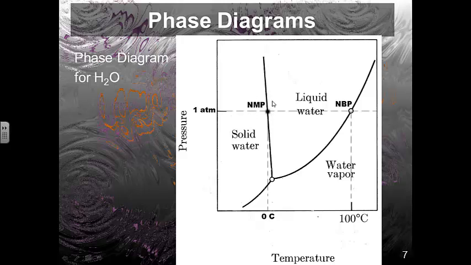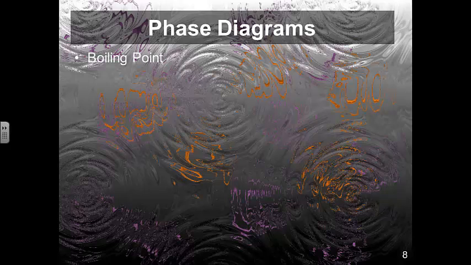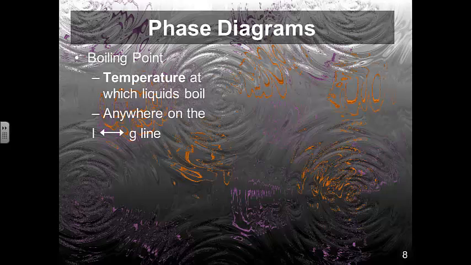But these labels up here stand for normal melting point and normal boiling point. That's the melting point and boiling point at standard pressure. Just to recap, boiling point refers to the temperature at which a liquid boils, which is anywhere on the liquid-gas line.